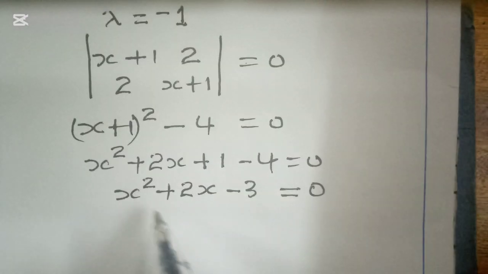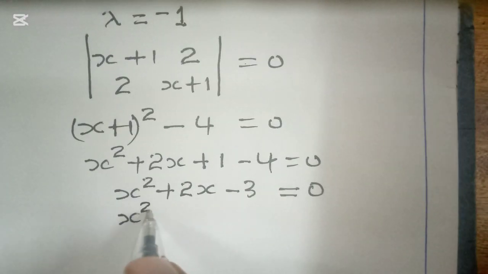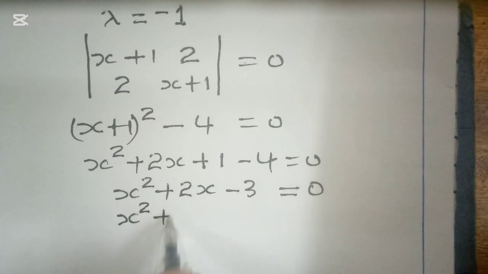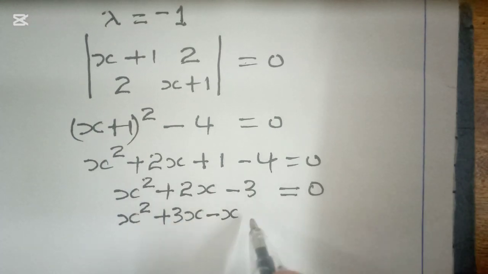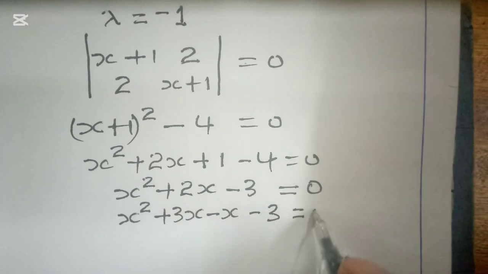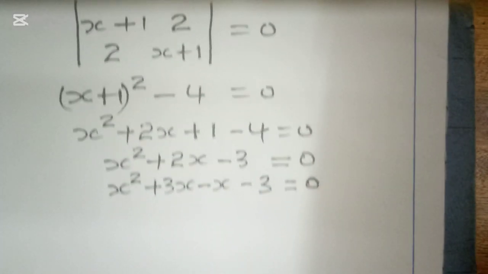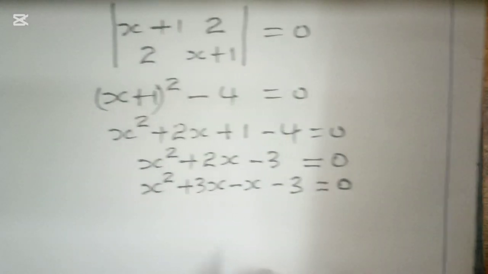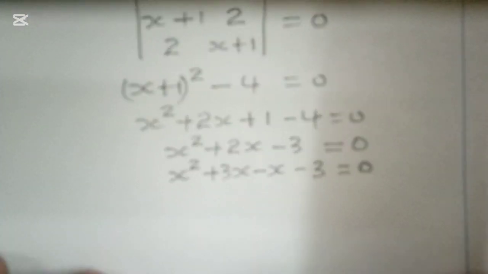Looking for factors for that, you'll have x squared plus 3x minus x minus 3 equals 0. So this is a quadratic equation. I believe you are quite familiar with it. It's actually very easy.